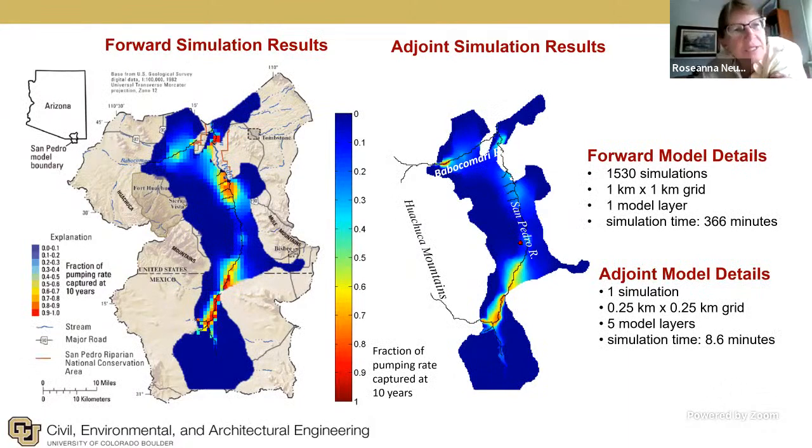This is the example that I wanted to show. On the left, up here, you can see a map. This is the state of Arizona, and we're looking at an aquifer that spans between the very southern part of Arizona and the northern part of Mexico.